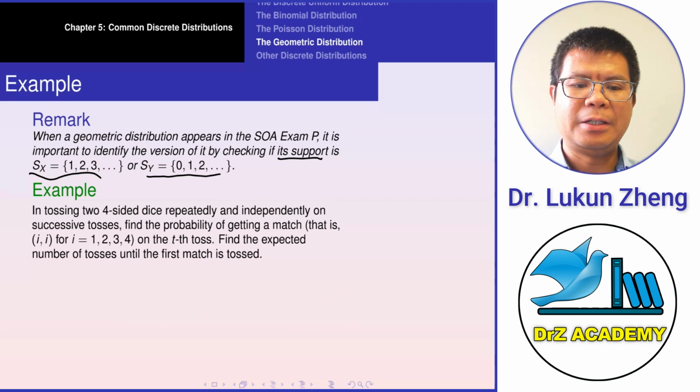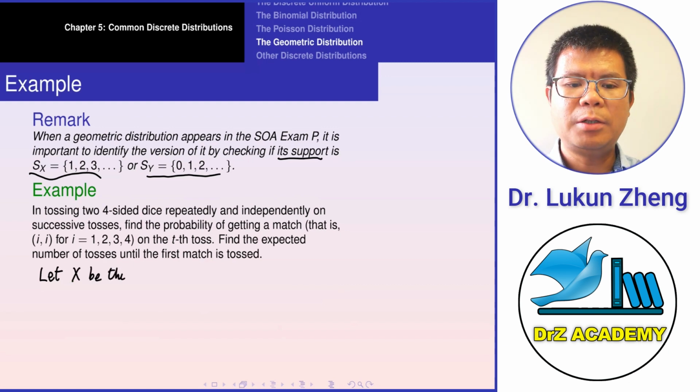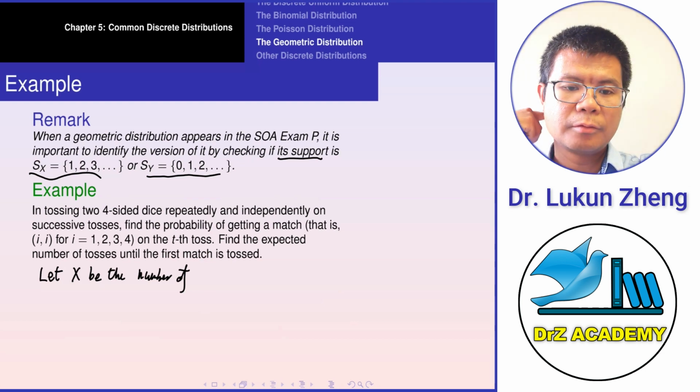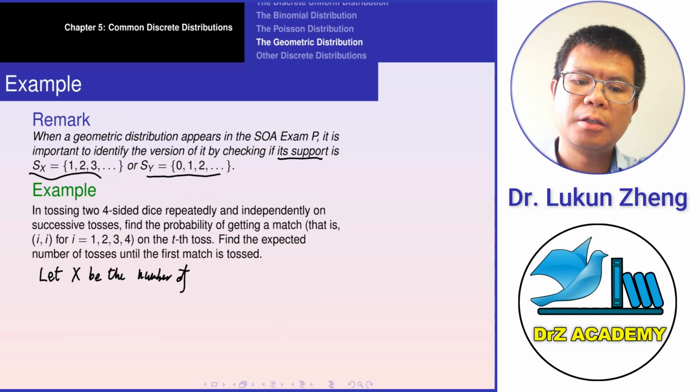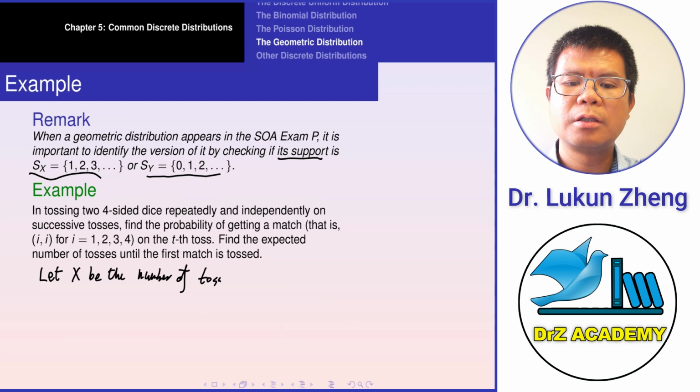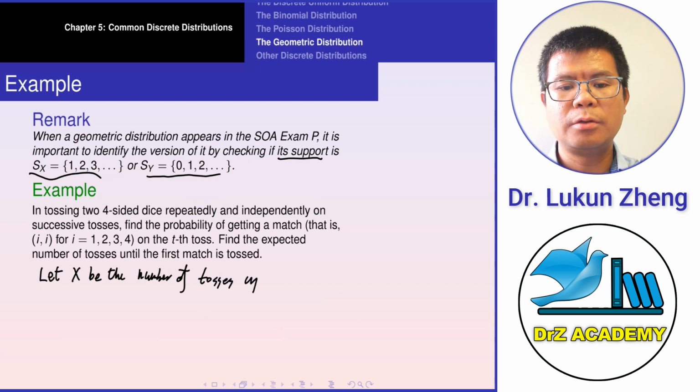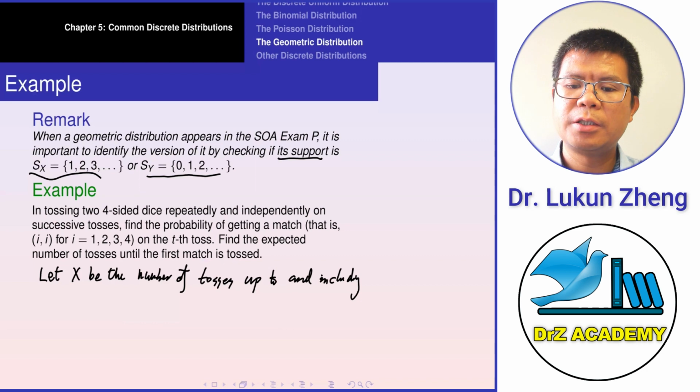Solution: let X be the number of tosses up to and including the first match.